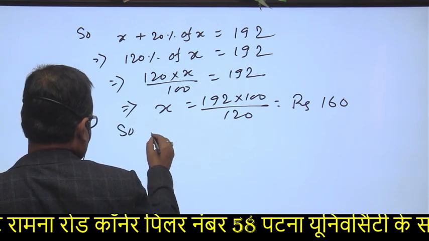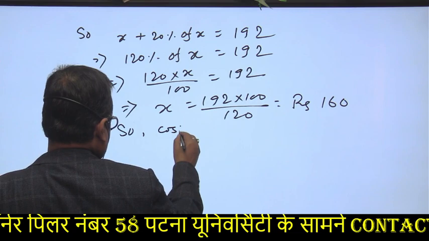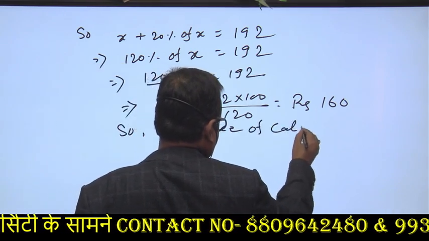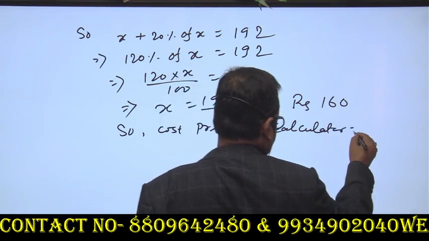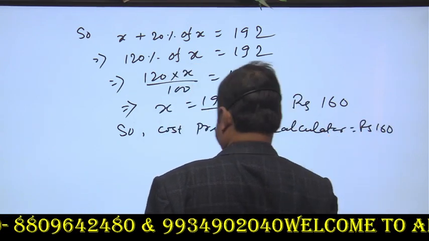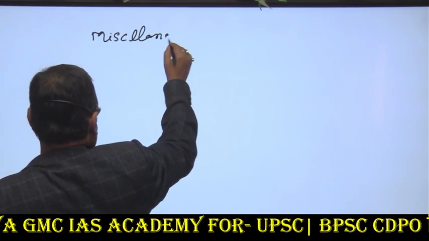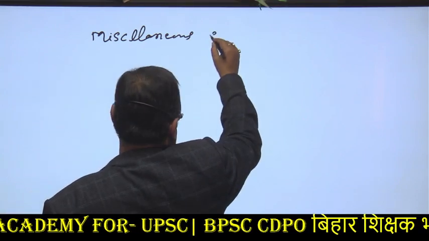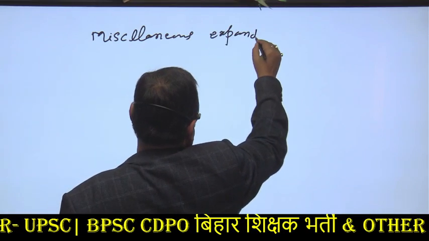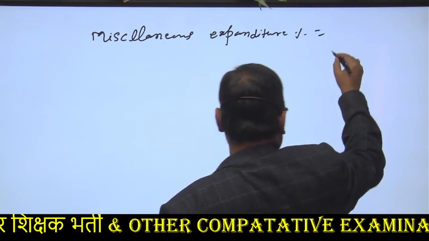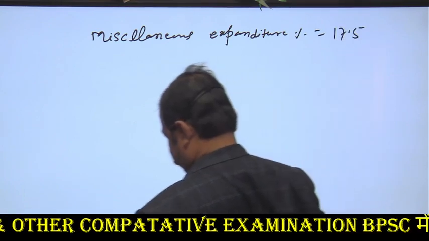So cost price of calculator is Rs 160. Miscellaneous expenditure percent equals 17.5.